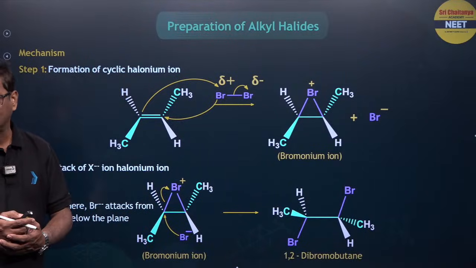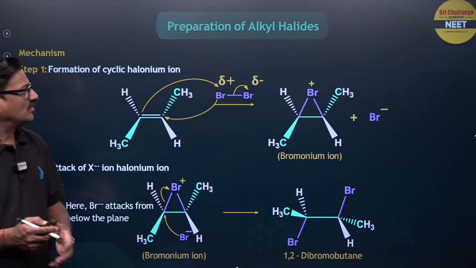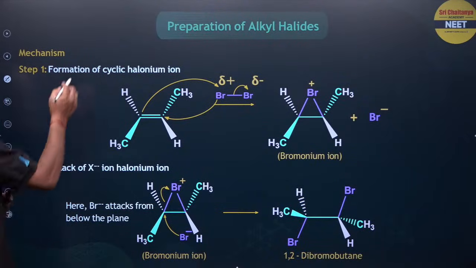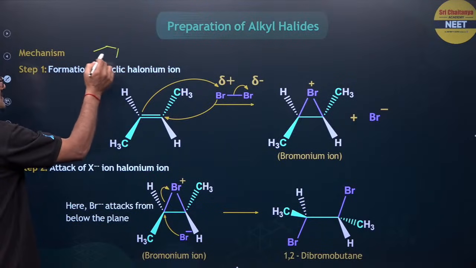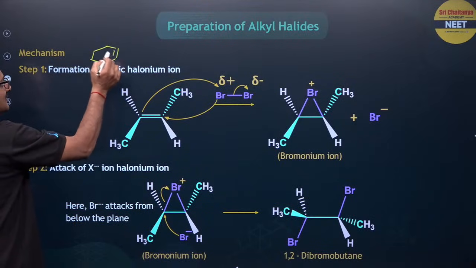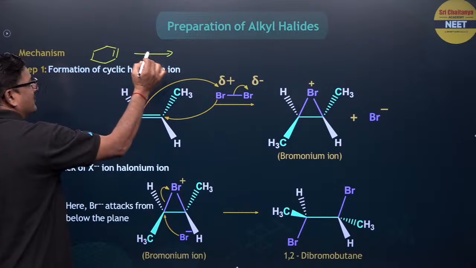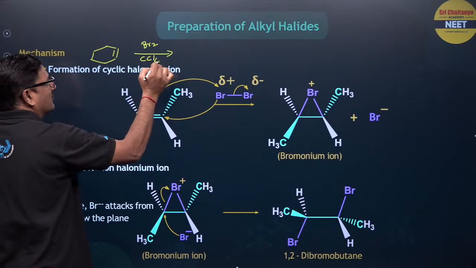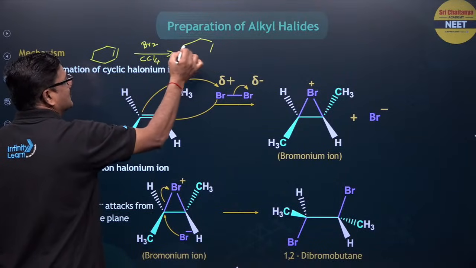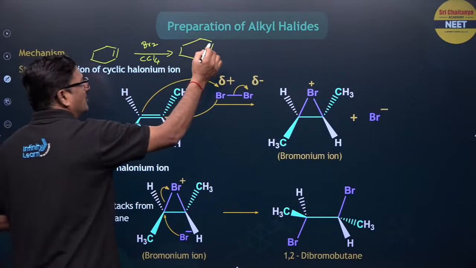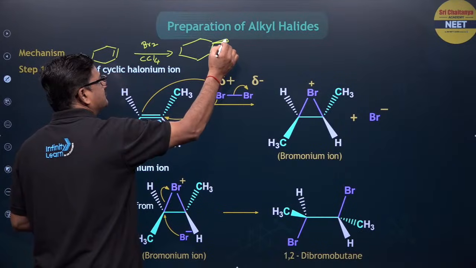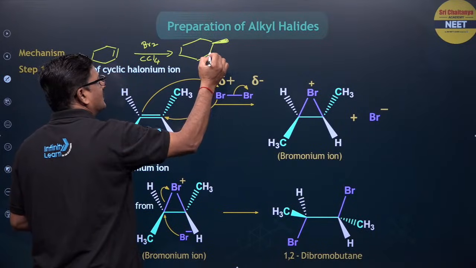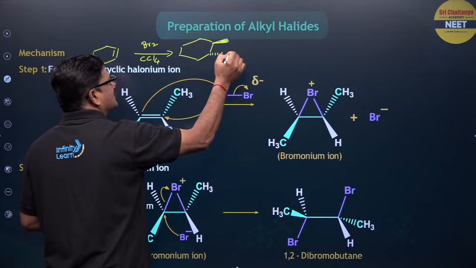1,2-dibromo compound. In general, this is an alkene, and when it is treated with Br2 in the presence of CCl4, you get the dibromo product.